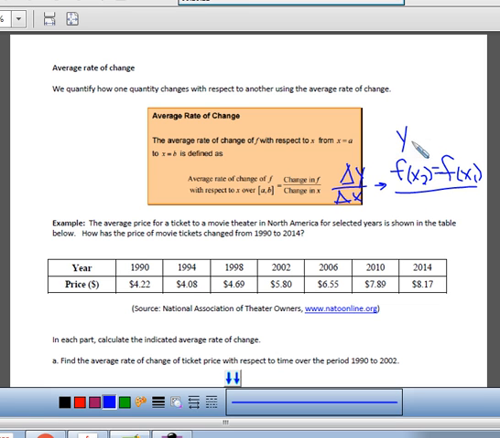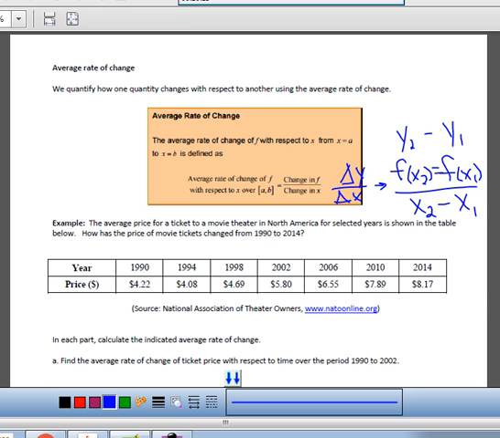So that's kind of like y2 minus y1 over the second x value minus the first x value. So we've got an example here we're going to try. The average price for a ticket to a movie theater in North America for selected years is shown in the table below. How has the price of movie tickets changed from 1990 to 2014?